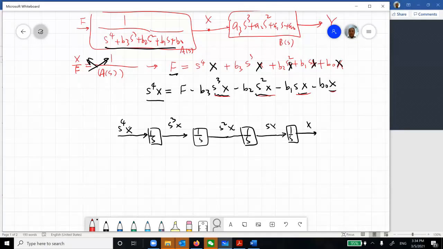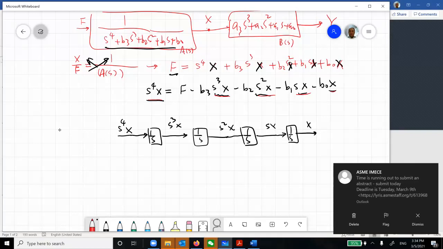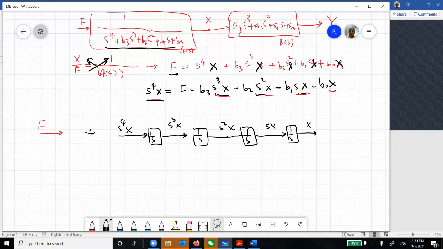So this signal equals f. But you have a big sigma in here. So this is f coming in, which is positive, but it will minus b3x, so I just minus b3 in here.